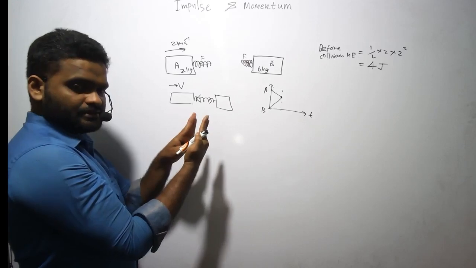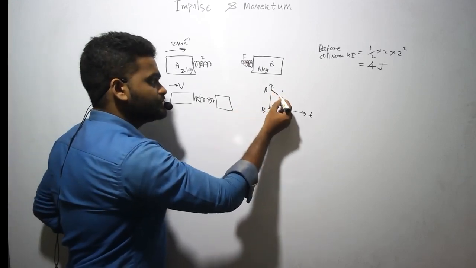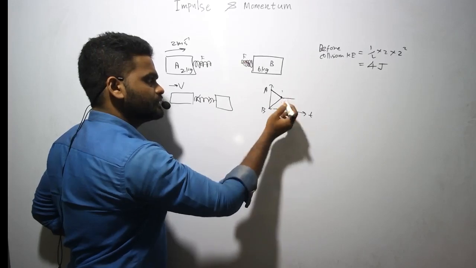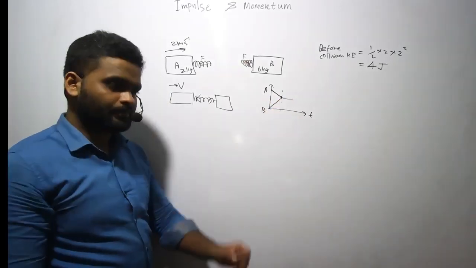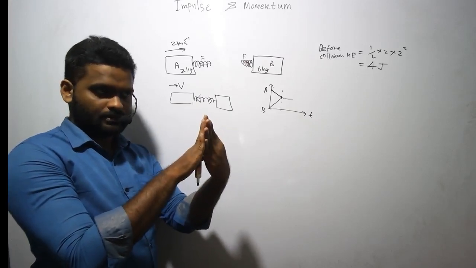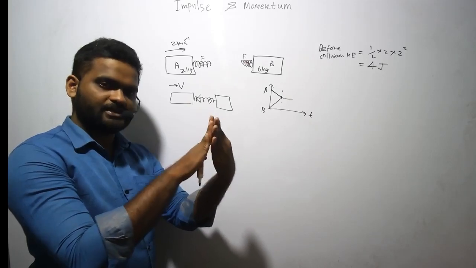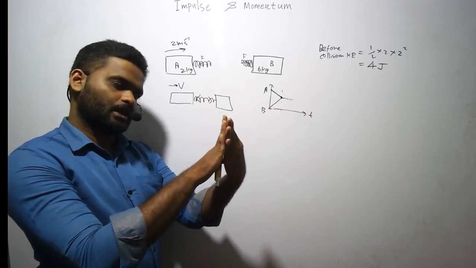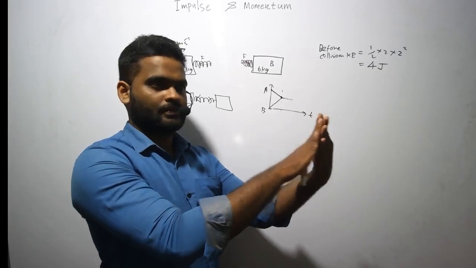This pushing stops once their velocities become one value, right? If they have the same velocity now, they stop their pushing. I mean the compression of springs stops. Now they are moving in the same direction at the same velocity.